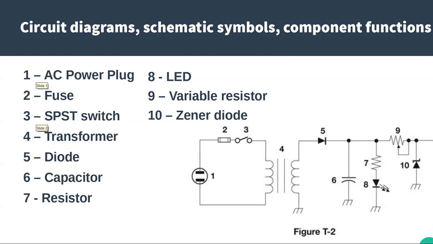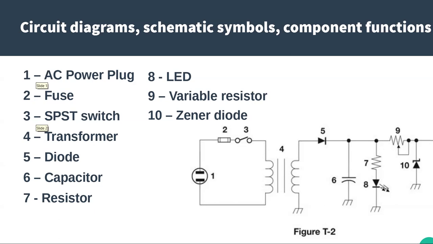5 is a diode. 6 is a capacitor. They normally show that curved end on the ground side, even though those are not polarized capacitors. 7 would be another resistor. 8 is your light emitting diode.